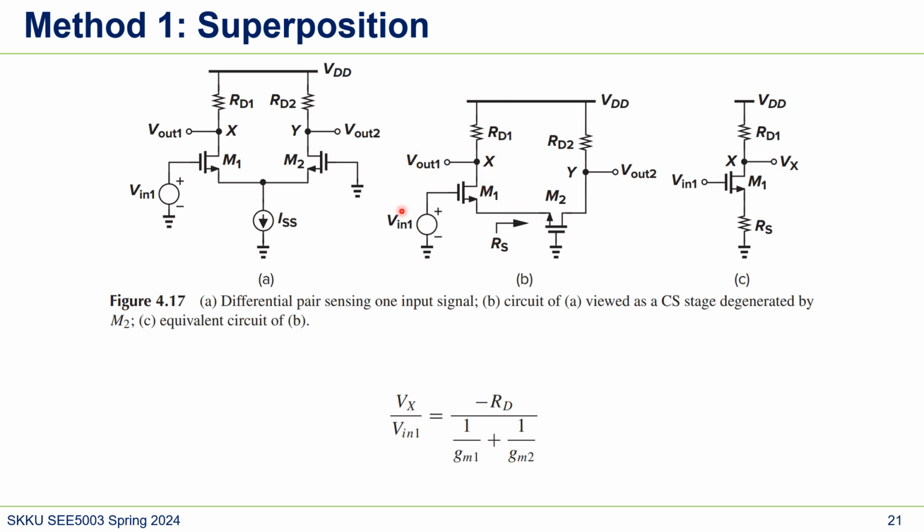If we change this circuit, it becomes like this. We want to get Vx over Vin1, which is here, and this is a source degeneration, so it can simply be this. Of course, we are going to ignore channel length modulation. So the gain from Vin1 to Vx is this.